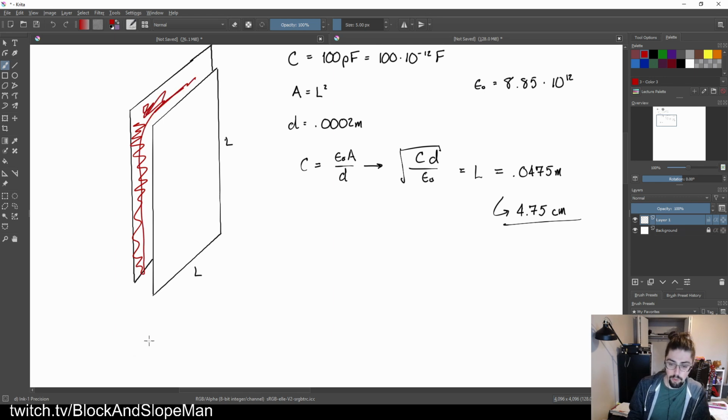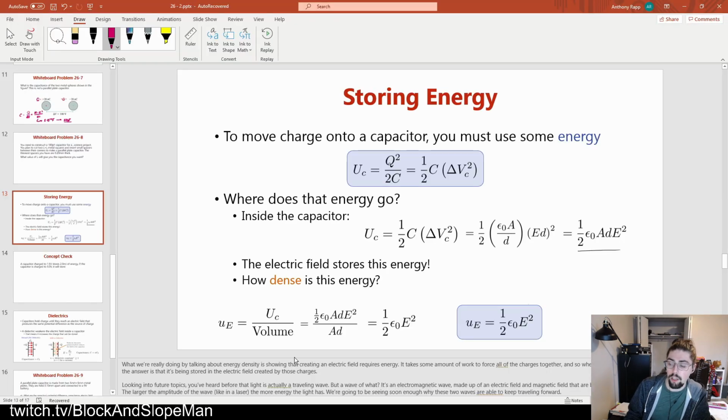So in a case like this, the volume would be equal to A times D, or for our problem specifically here, L squared times D, right? If you look at the electric field within that, you can calculate the energy density. You can find the energy inside of a capacitor based on that electric field and the size of the capacitor alone, which is a cool thing in its own right.